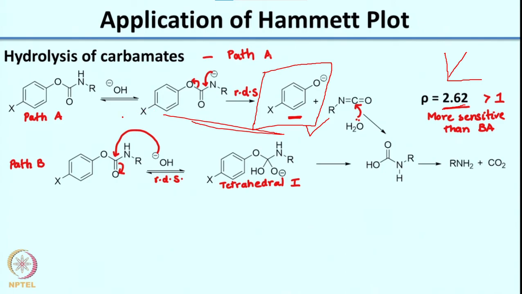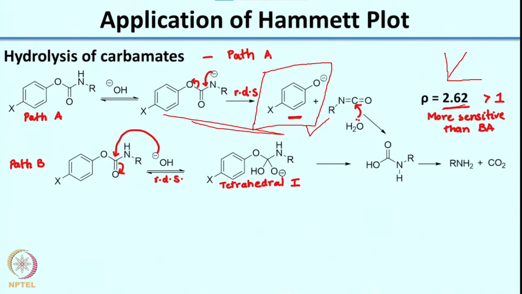And in the second pathway we have observed that OH minus is attacking on carbonyl carbon to give the tetrahedral intermediate, which is also a rate determining step and slowest step. So while comparing both the steps, we have observed that this negative charge species is more stabilized by the electron withdrawing group here compared to the second pathway.